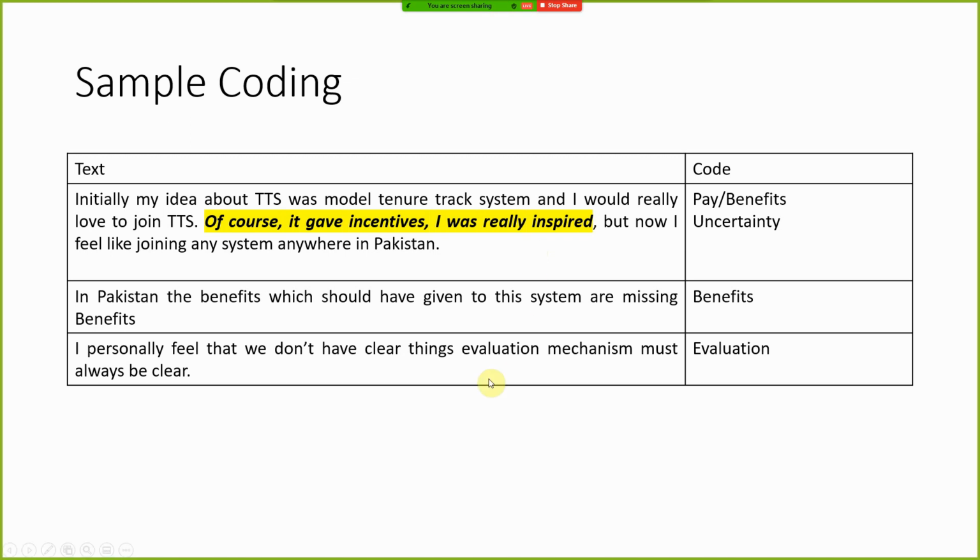Their perspective was a little different, but they were talking about benefits and the uncertainty that interviewee one was talking about. So this is how you code, and your codes will increase with time, or with analysis of more interviews or data.